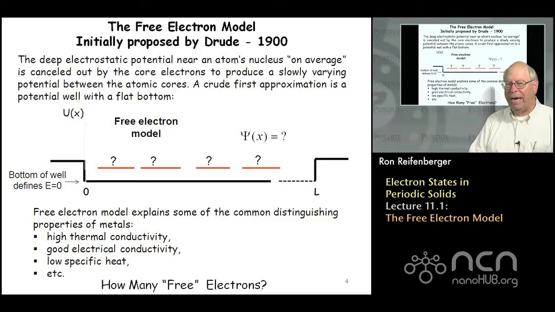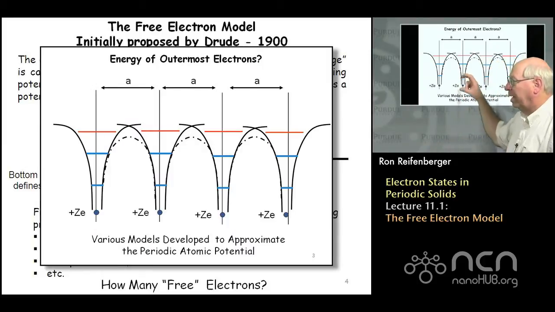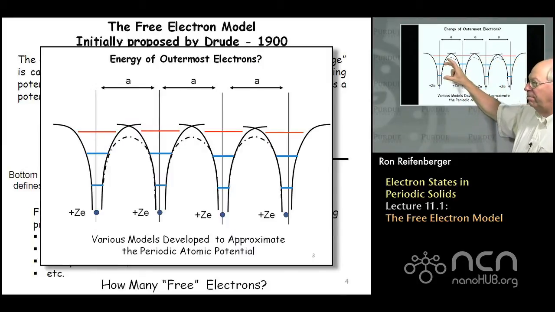The crude approximation is that the core electron states, indicated in blue in this diagram, basically shield a majority of the interaction potential energy produced by the nuclear core, the positive nucleus. And so these outermost, most weakly bound electrons do not see this rapid variation in the electrostatic potential energy as a function of position.